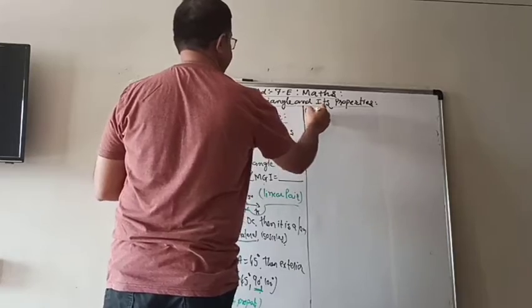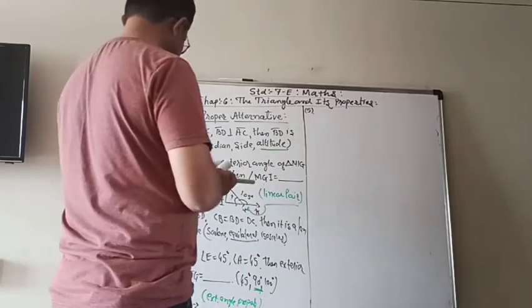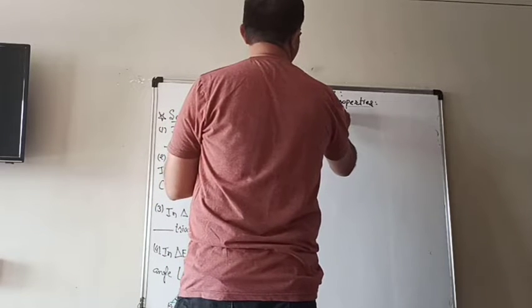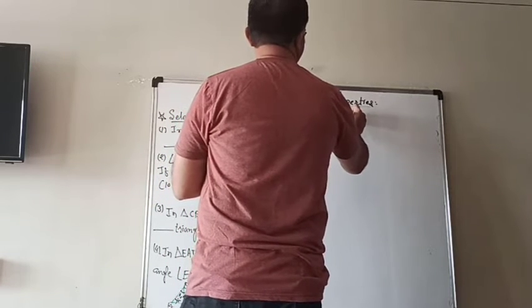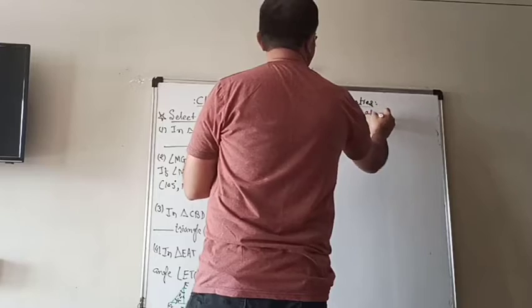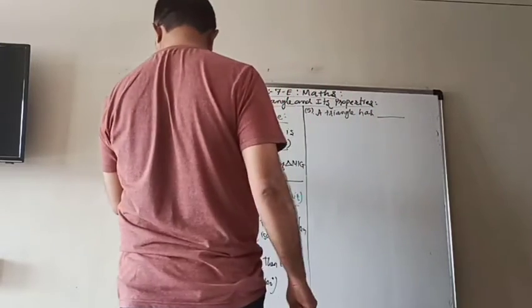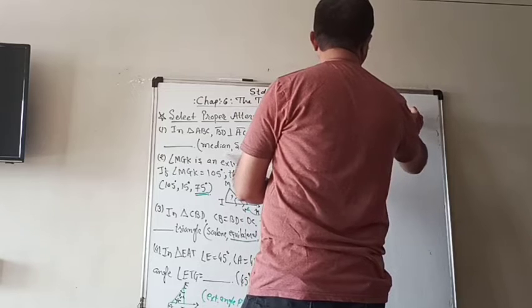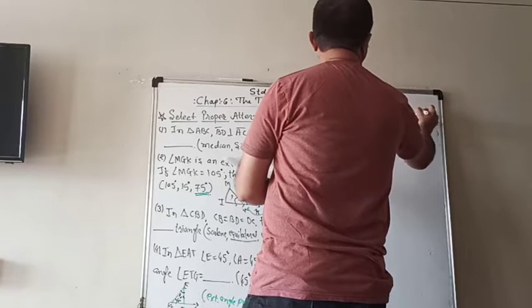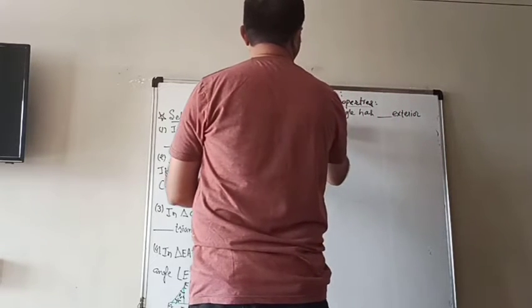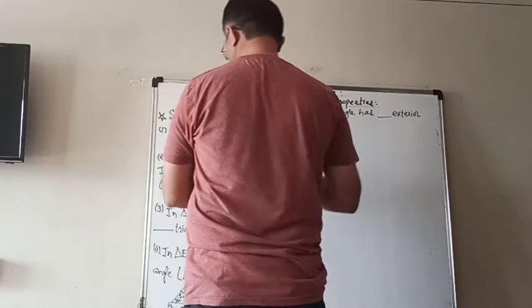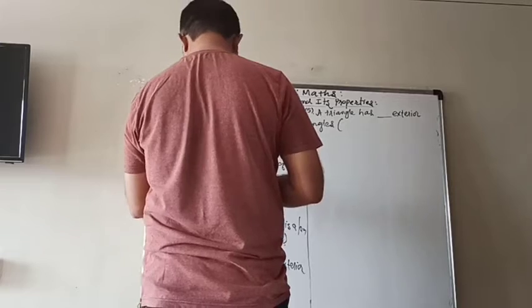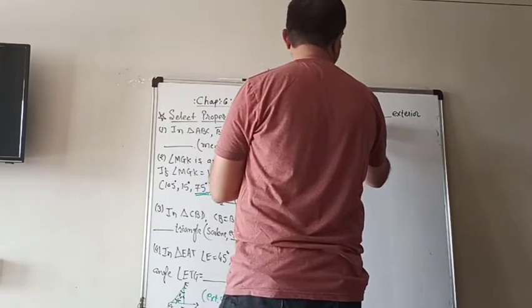Fifth one. A triangle has blank exterior angles. And answers are 3, 6, 9.